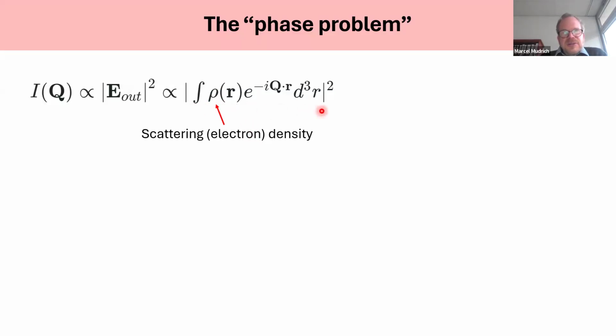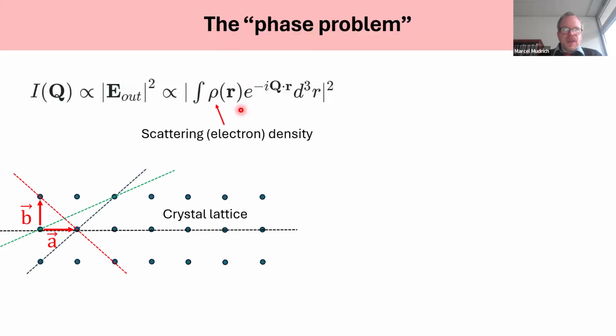And what this expression tells us is that the intensity distribution is given by the Fourier transform, the integral of rho times e to the minus iQ·r d3r. This is the three-dimensional Fourier transform of the scattering distribution, and the modulus squared of this. So that's maybe something to remember: what we detect as an intensity distribution is the modulus squared of the Fourier transform of the real space distribution of electrons in the sample.